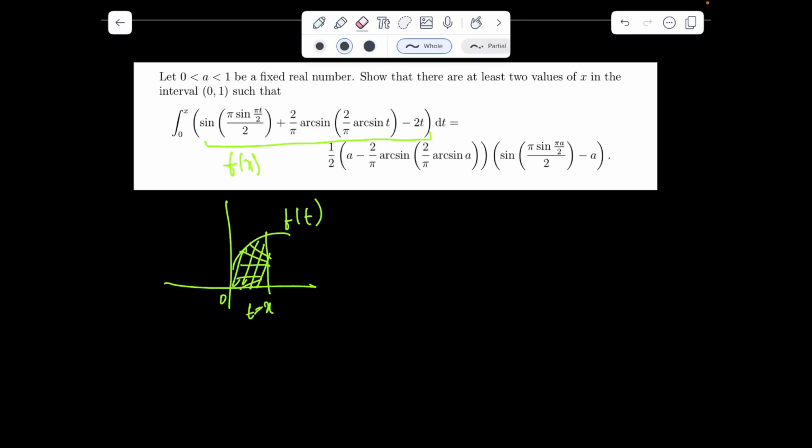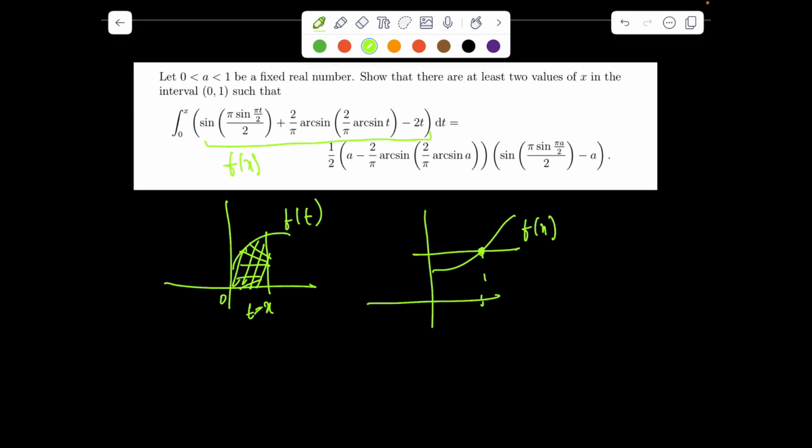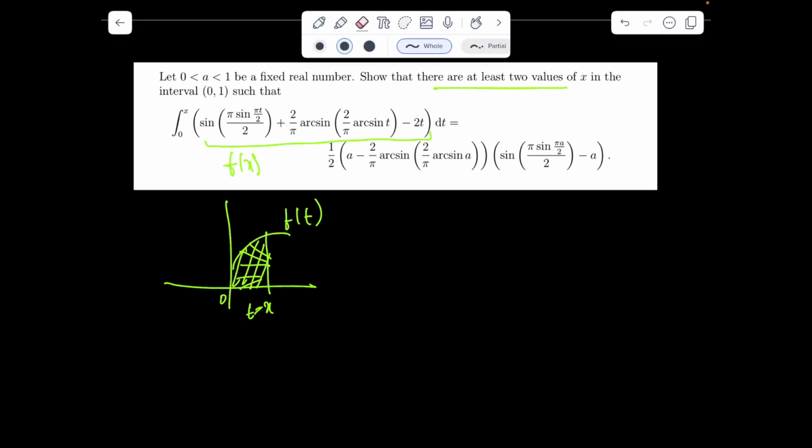So this LHS is a function of x and RHS is a fixed quantity. So f of x will be something like this, let's say, roughly. And RHS gives some constant for a constant value of a. So we need to show that the given equation will have at least two real solutions.